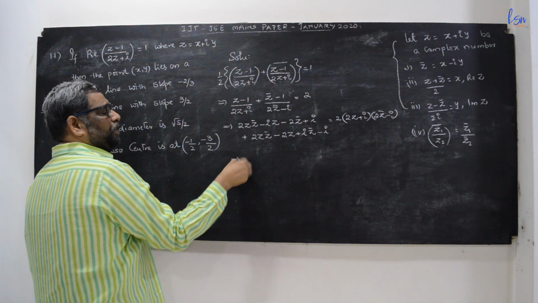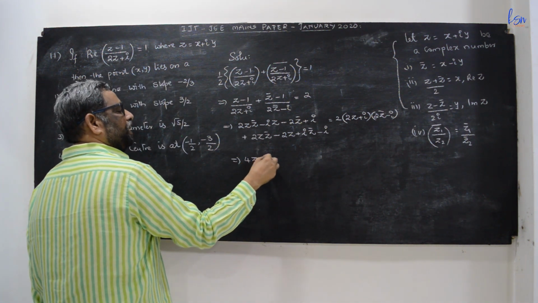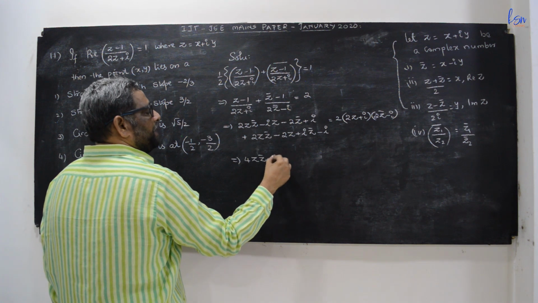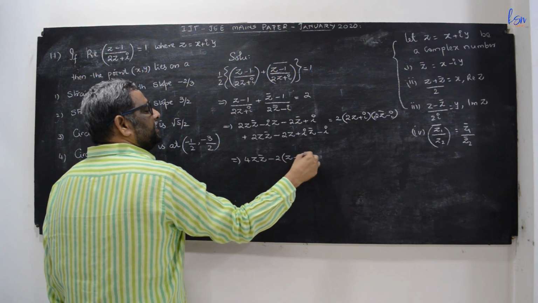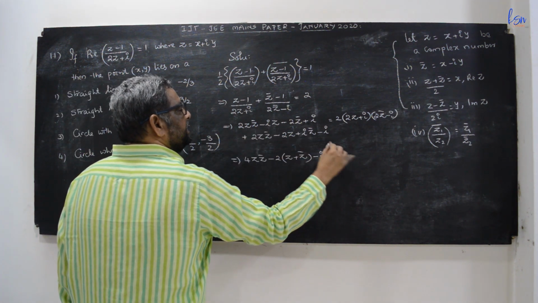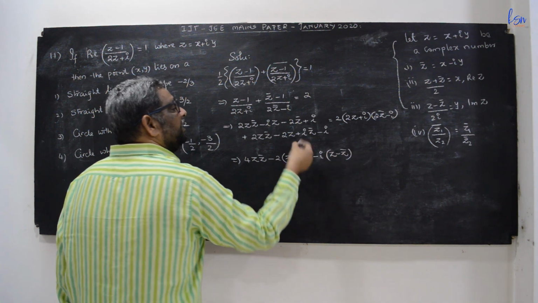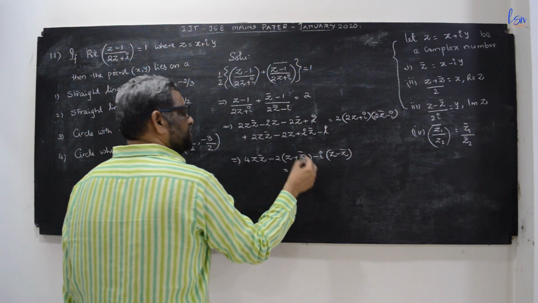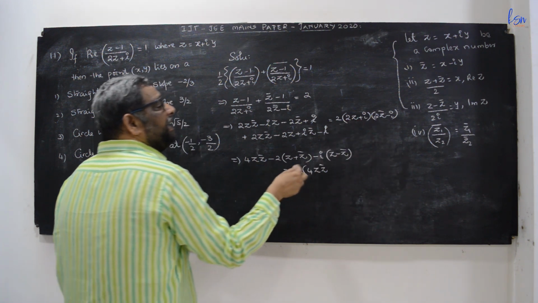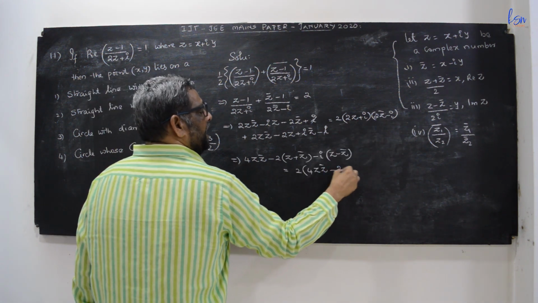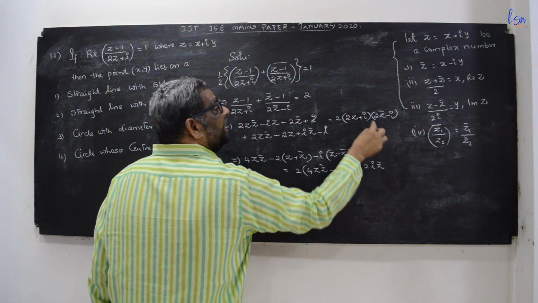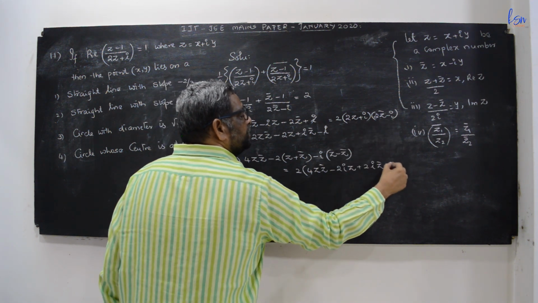Now it can be written as 4z z̄ − 2(z + z̄) − i(z − z̄), where the i and −i cancel, equals 2(4z z̄ − 2iz + 2iz̄ − i²), and i² is minus 1, so this is a plus 1.